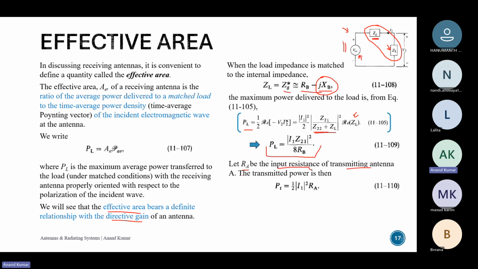So what we're trying to say is the transmit antenna is A and your receiving antenna is B, and this is RB minus jXB, and this is RA.